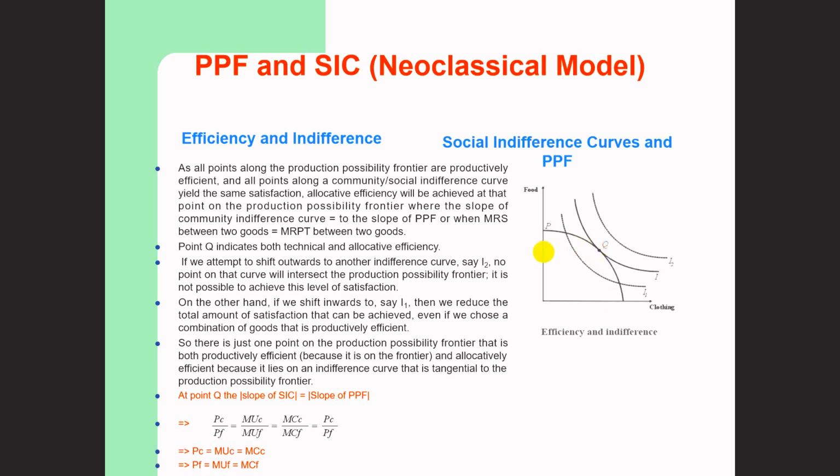So it is clear that there is only one point on the production possibility curve and the social indifference curve I, which is Q, at which both the slope of SIC and the slope of PPF, that is, the marginal rate of substitution between the two goods and the marginal rate of product transformation of one in terms of another, are equal to each other. So this is how technical efficiency or productive efficiency and allocative efficiency take place at one point.